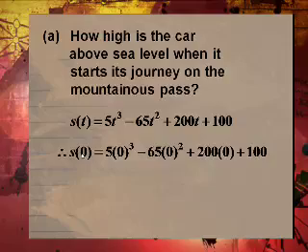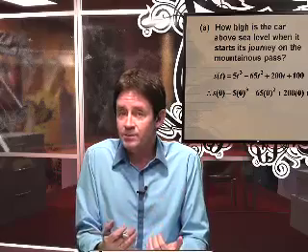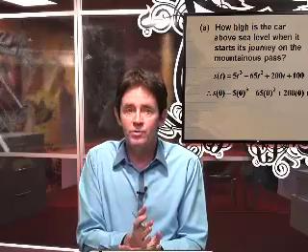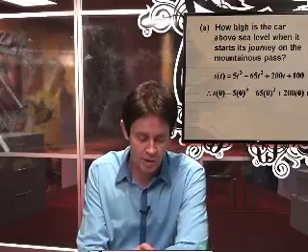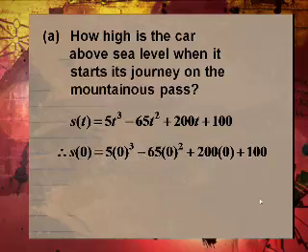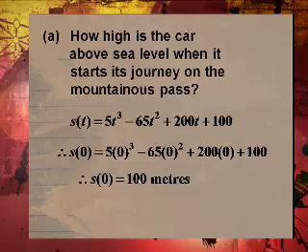Time hasn't elapsed. When you start, you're at t equals 0. So we plug in 0, and he is going to be at 100 meters above sea level. Very easy question. No problem with that.